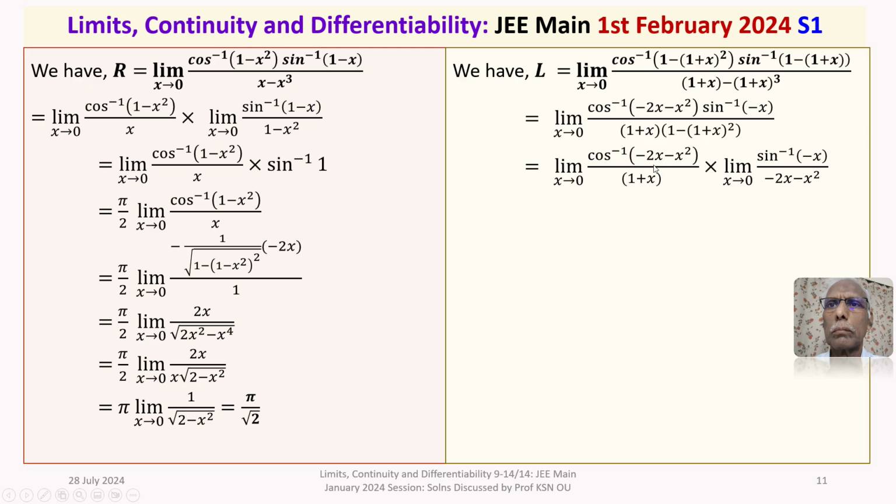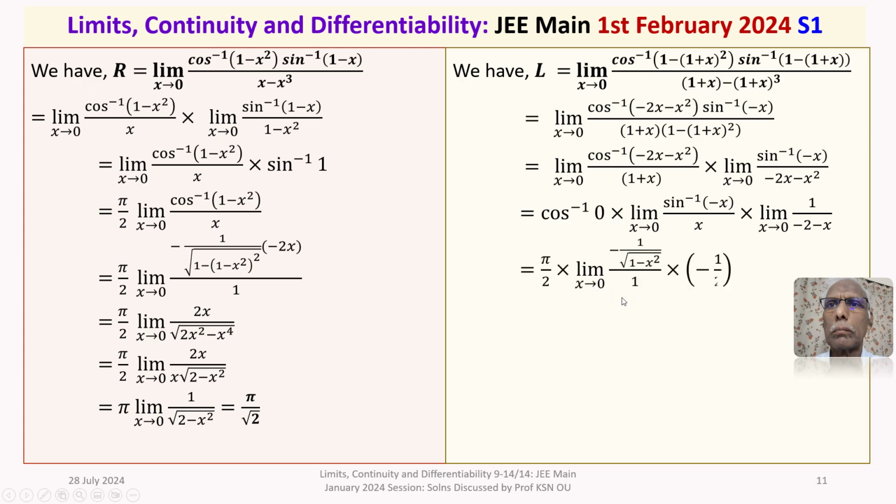Cos inverse 0 is pi by 2, multiplied by limit x tends to 0. This is written as the product: sine inverse of minus x by x into limit x tends to 0 1 by (minus 2 minus x). Cos inverse 0 is pi by 2 and the limit x tends to 0 sine inverse of minus x by x takes the 0 by 0 form, and use L'Hopital's rule.